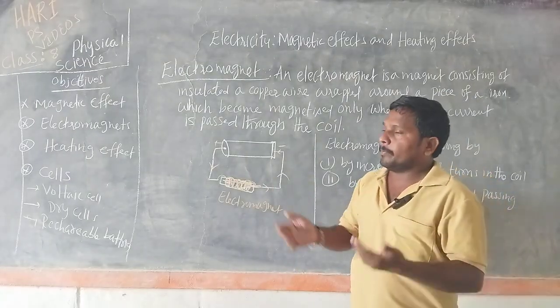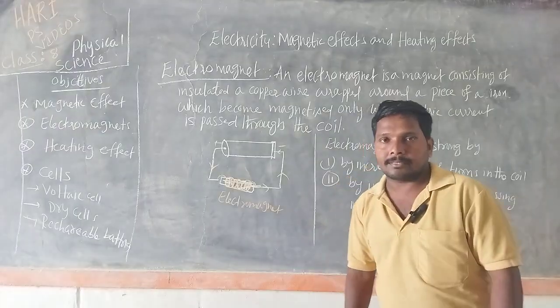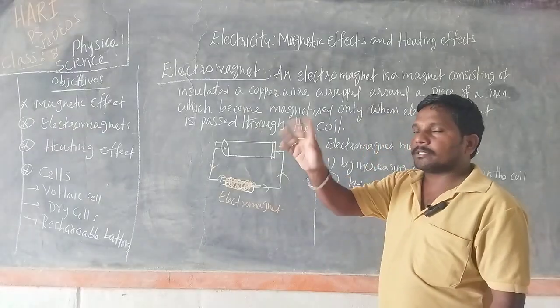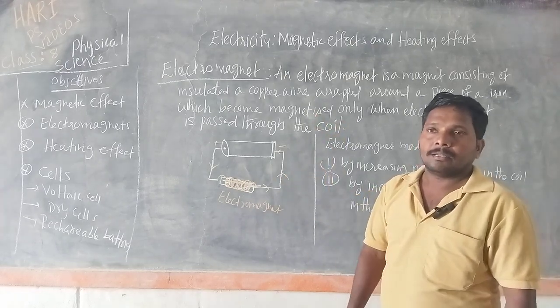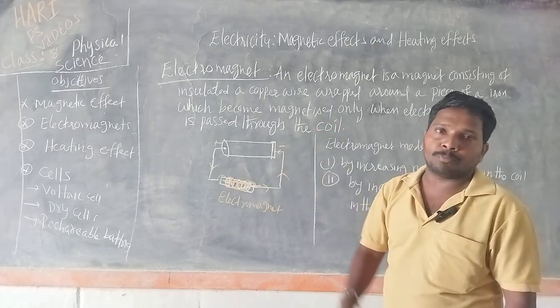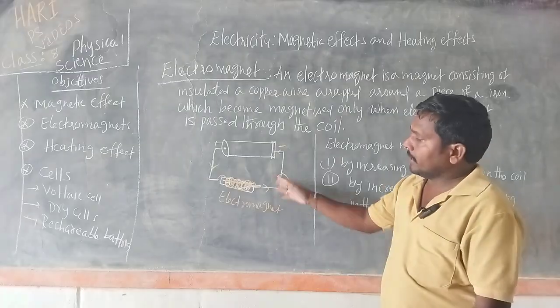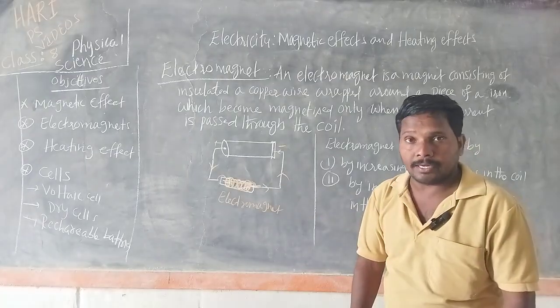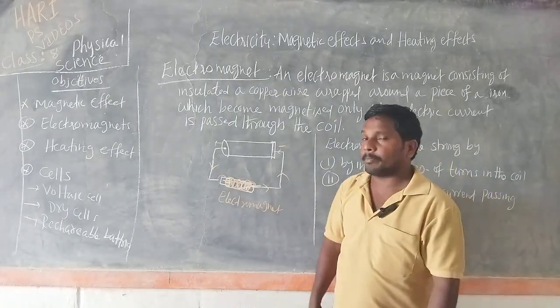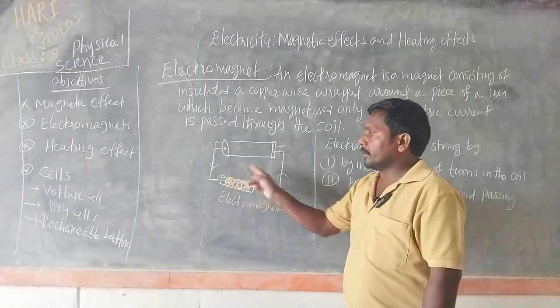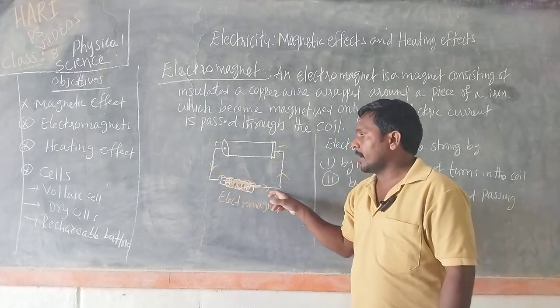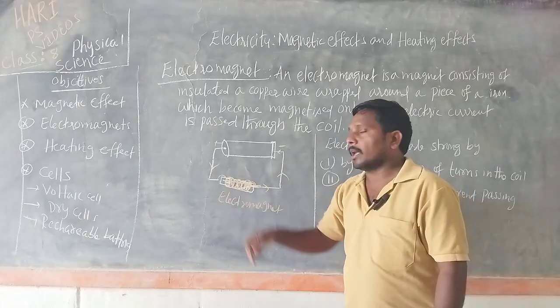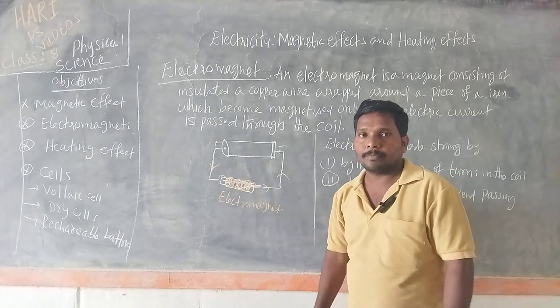Right? In case of permanent magnets like bar magnets, the poles never change. Even if we break into two parts, the poles are usually north and south pole only. But in case of electromagnets, we have the possibility to reverse the poles, north and south. If here it is north pole, here south pole will fall.